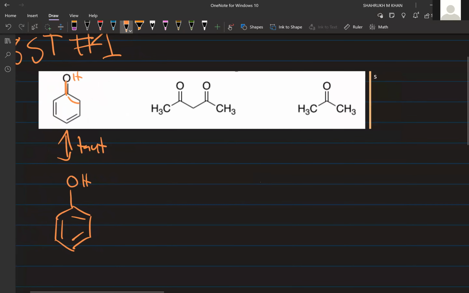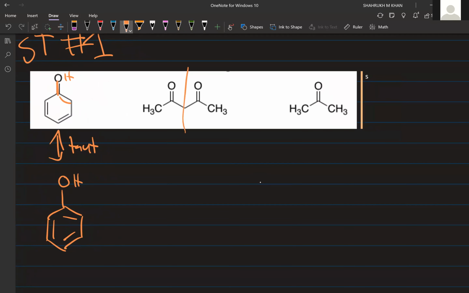Let's do the next one. Here it's symmetrical, right? It doesn't matter which side you pick. Make that OH, and the double bond should be there, and then the methyl groups.